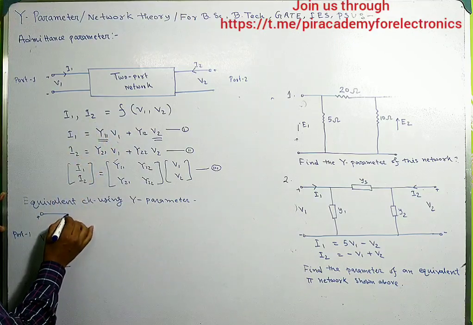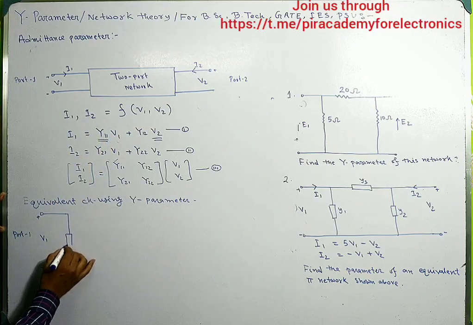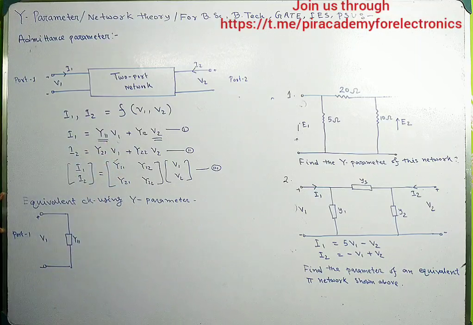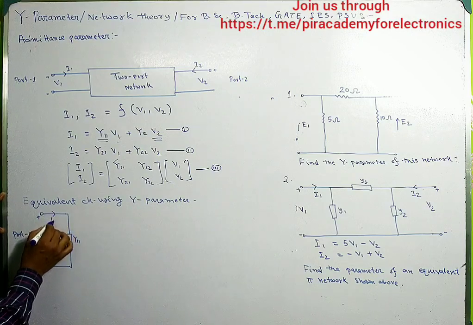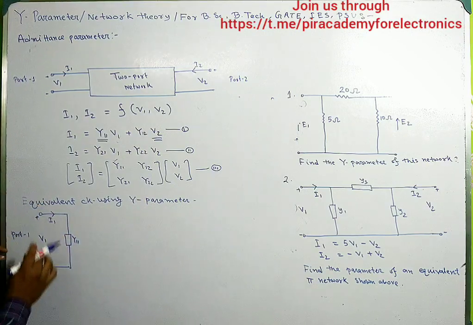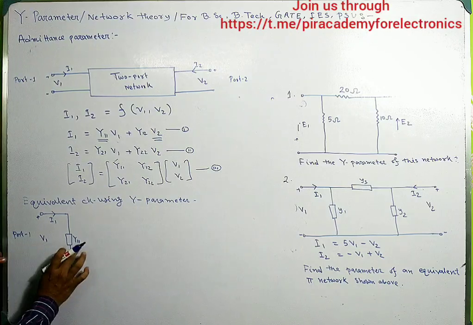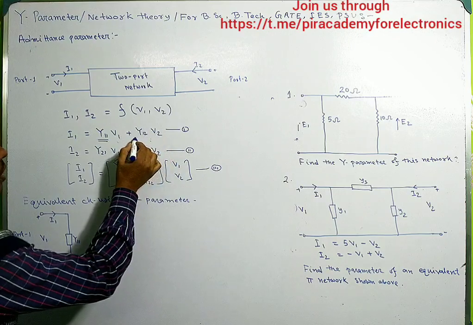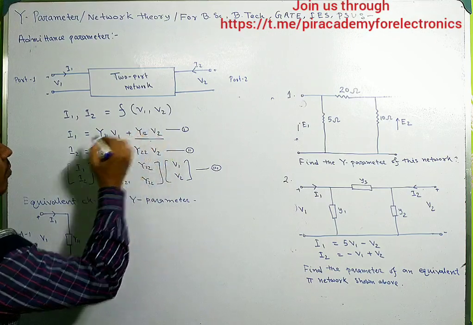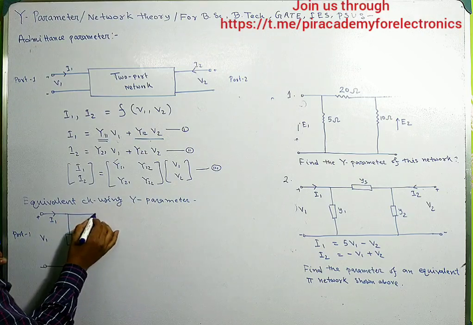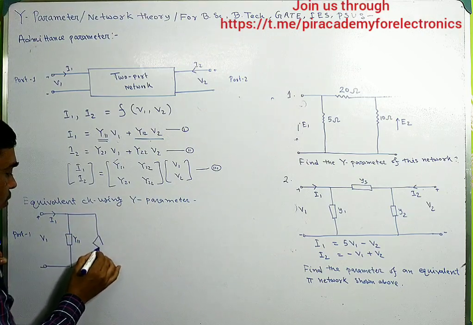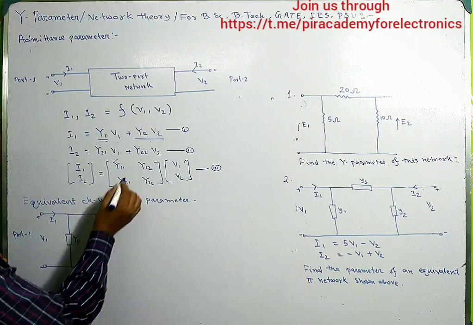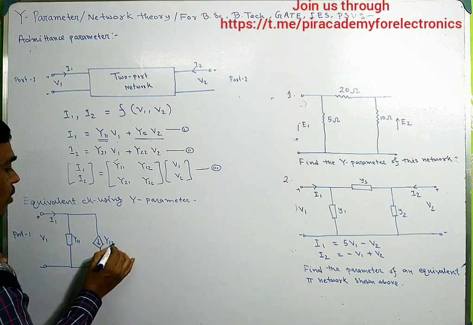To calculate the current, this must be Y11, and this is I1. So I1 is equal to Y11 V1 plus a voltage dependent current source, where the current is Y12 V2.